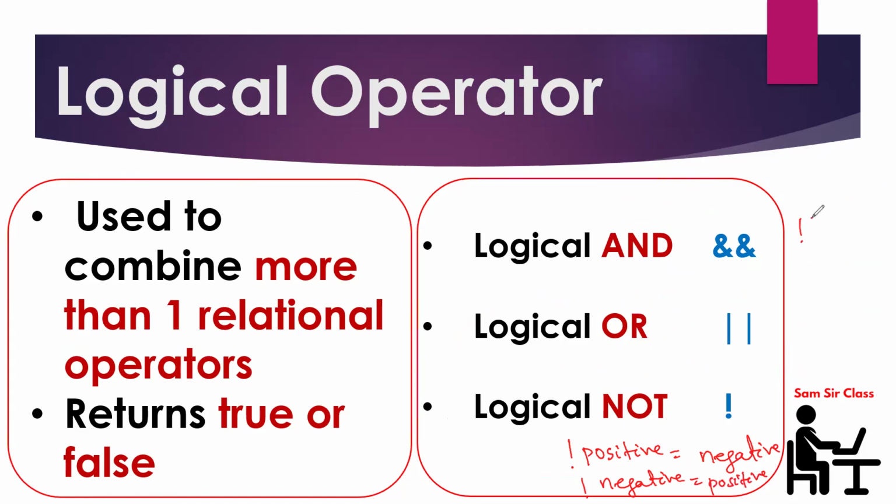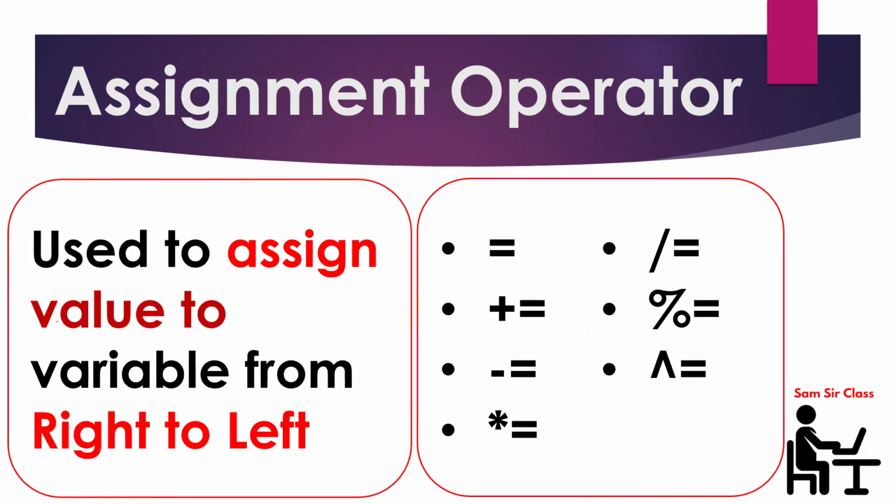That means not of true will be false, not of false will be true. So the logical NOT operator only converts the value: true is converted to false, and false is converted to true. This is the use of the logical operator. We'll also see it in our example.